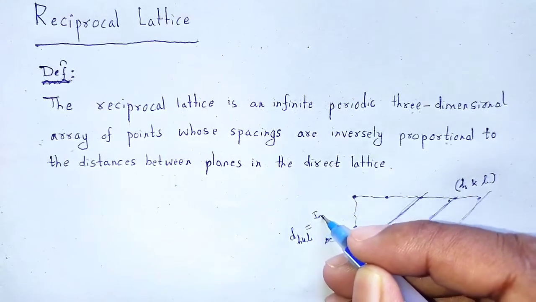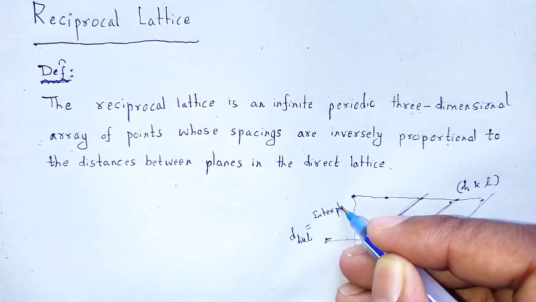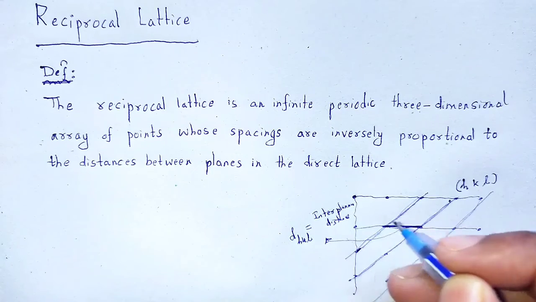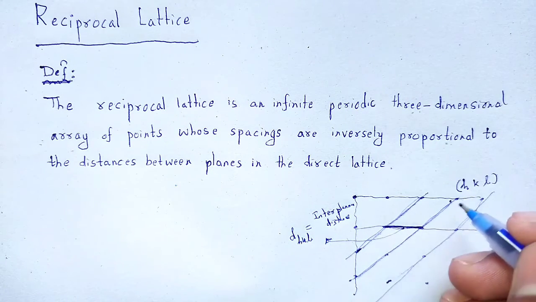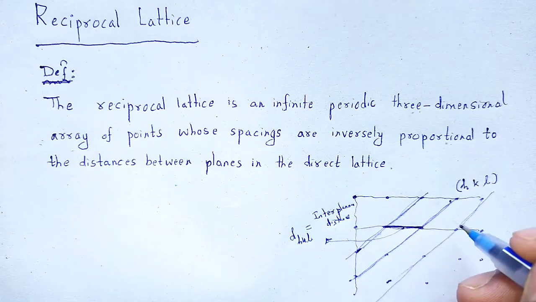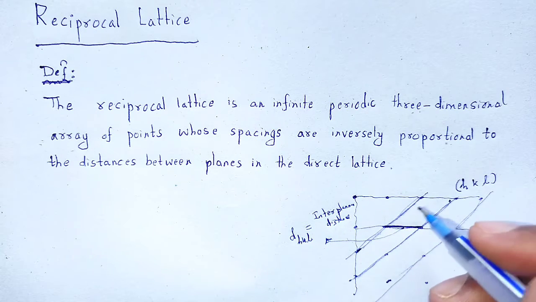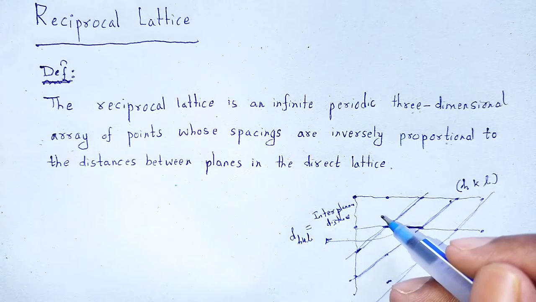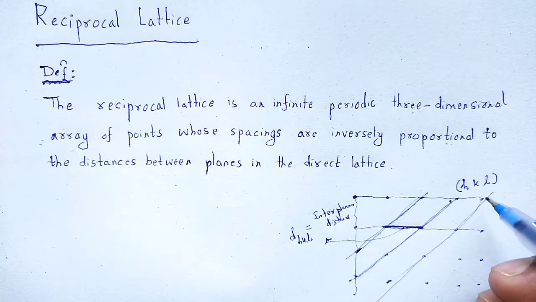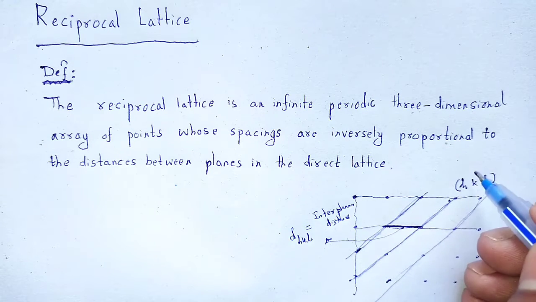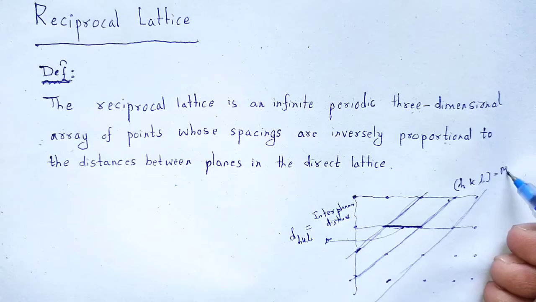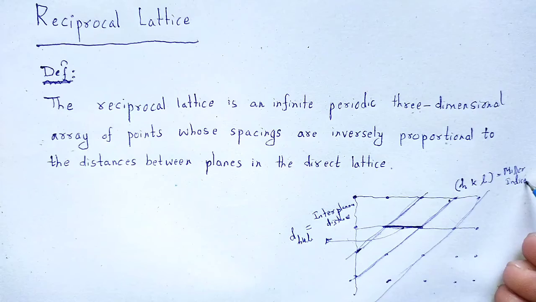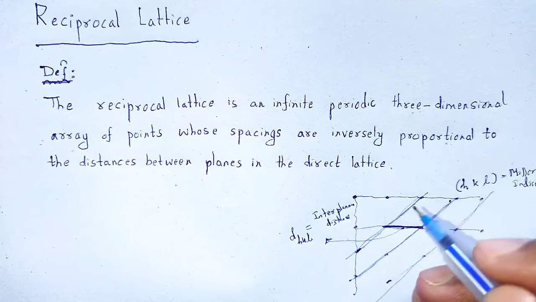That is the interplanar distance between two parallel planes of the same set, and that set of parallel planes is represented by the Miller indices hkl. With the help of Miller indices, we can easily explain the set of parallel planes.